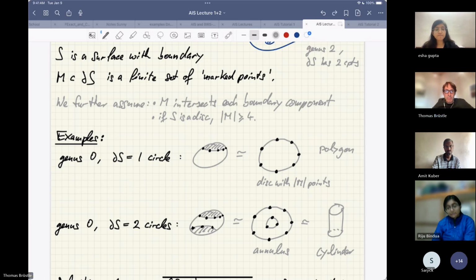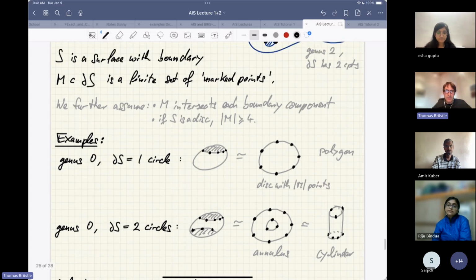That's okay? So on the cylinder, I can have some marked points on the top and on the bottom. Or I draw it as an annulus, like everything in the plane, as you wish. Yeah. So we need to slowly develop a good intuition how to draw these examples because we will deal a lot with those things.